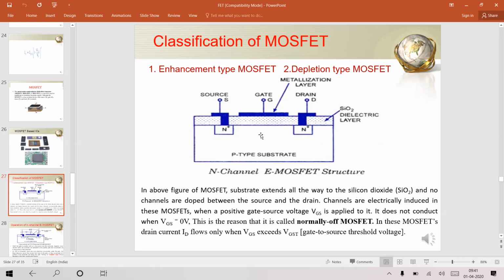But FET was conducting. In enhancement MOSFET, it is not possible. Your device won't conduct. Why? Because there is no channel established in the fabrication. The channel is not present. So that is what even in BJT we say the transistor minimum takes 0.7 volts for turning on, right?